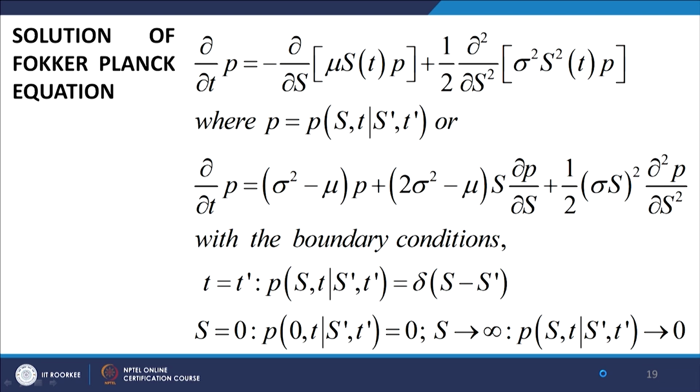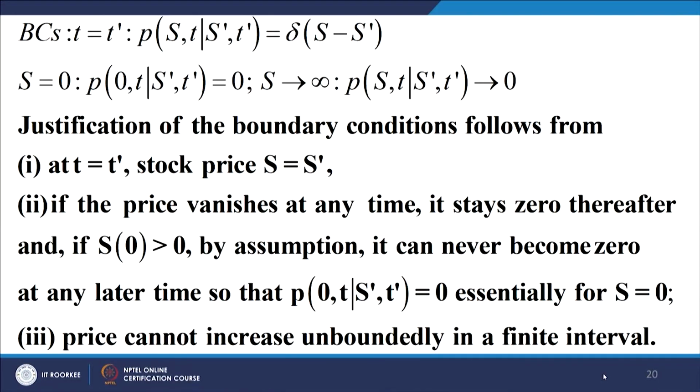The derivation of this Fokker-Planck equation I have also put in this presentation with the boundary conditions. Everything is there, the various steps involved, the various substitutions, the revised boundary conditions.